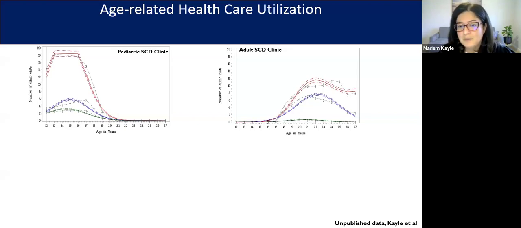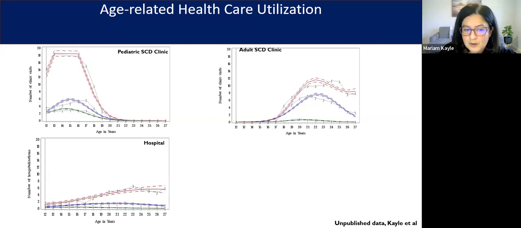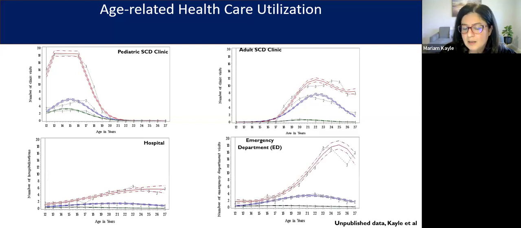So you can see some similarities between the two. There is less utilization in adult care, which we know anecdotally, but this shows the transition from pediatric to adult care and how they're using the clinics. You could also model hospital visits, emergency department visits.